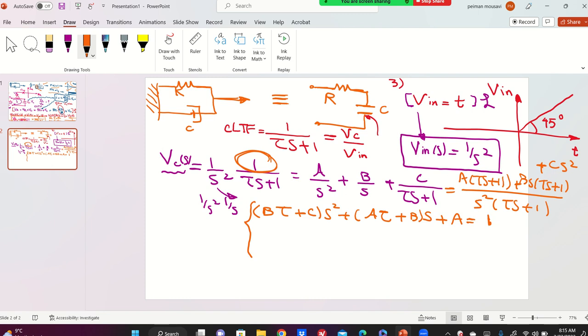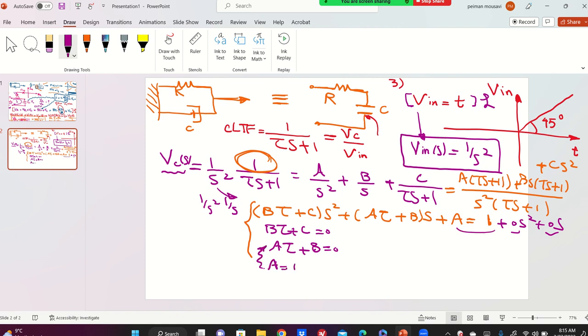Obviously, having that, since there is no s squared and no s on the right side, you get B tau plus C is 0, A tau plus B is 0, and A equals 1.